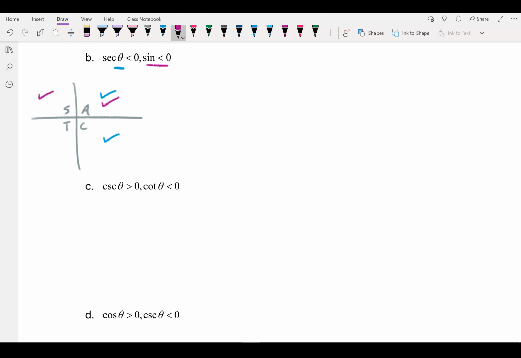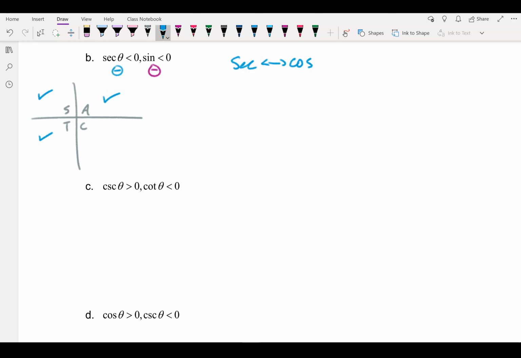We should probably be thinking where it's negative instead. Okay, so just as a very specific example, this is negative. And here, this is negative. Okay, so I'm going to get rid of the extras. Now that we have this information, we should be approaching this and saying, where would it be negative? So secant, just as a reminder, is very closely related to cosine. So first, let's say where cosine must be negative. Cosine is negative here and here.